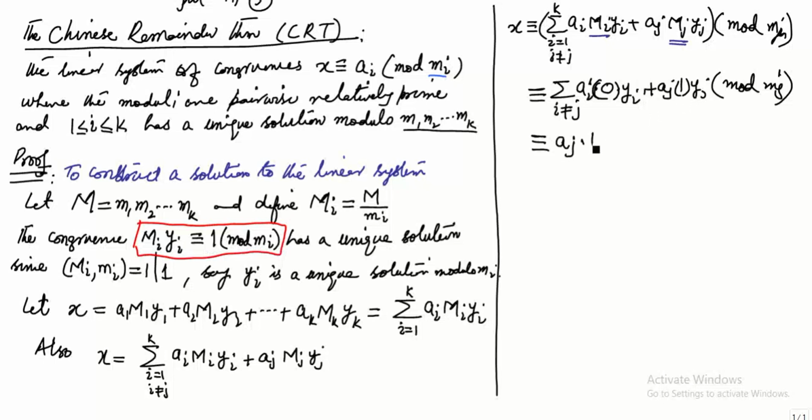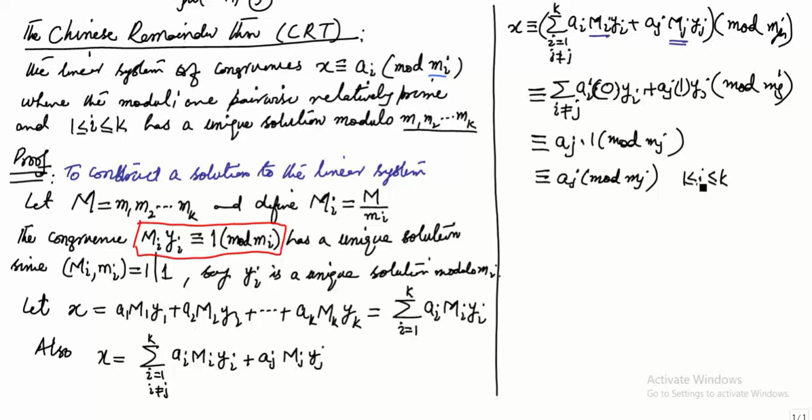So aj times 1 modulo mj, so here we will have aj modulo mj, where j is any value from 1 to k.